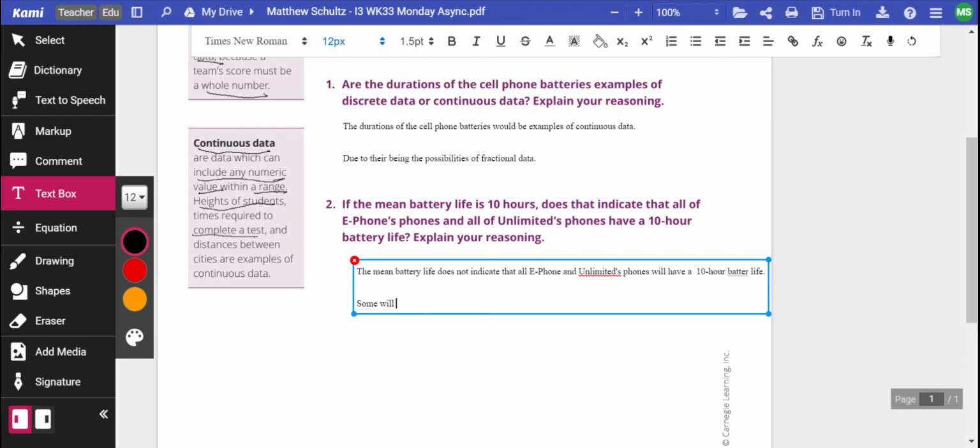Some will be longer, some will be shorter. It is not a perfect one size fits all.